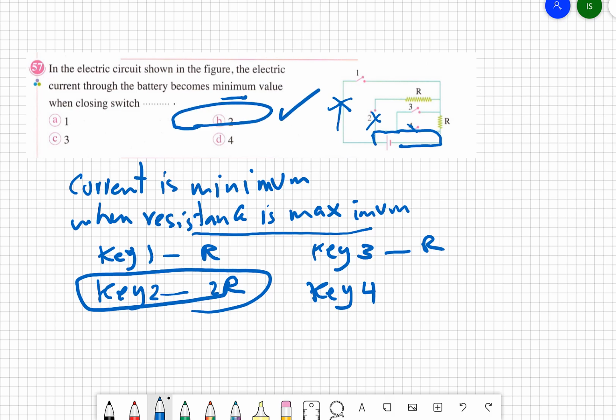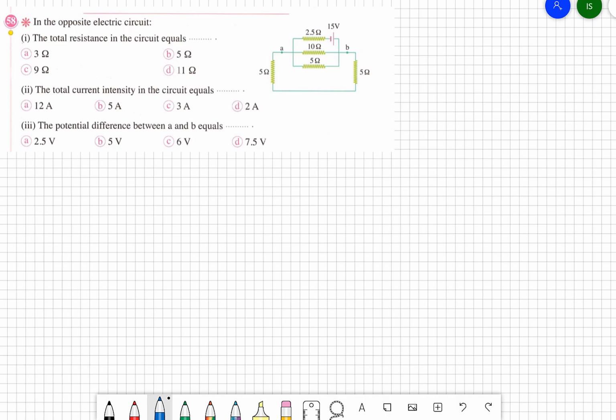Let's move to the next. Number 58, in the opposite electric circuit, the total resistance in the circuit equals. Look carefully, the current is moving here and starts to divide, right?